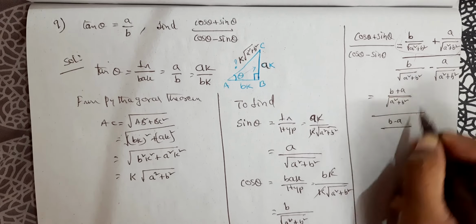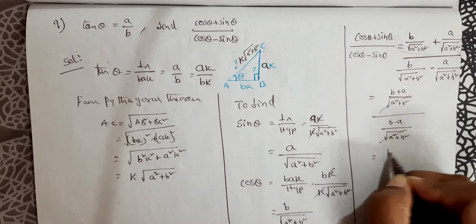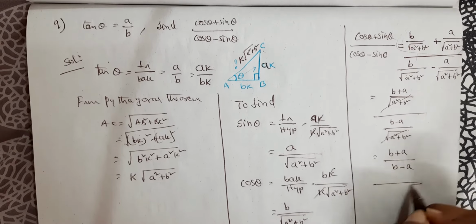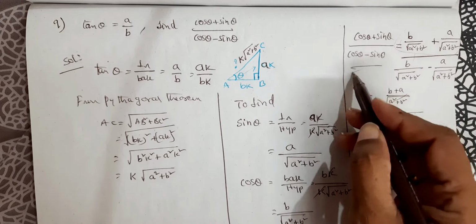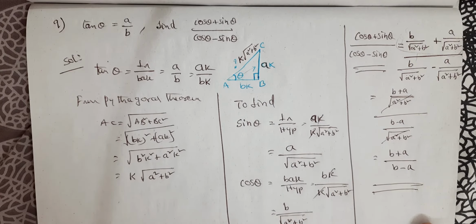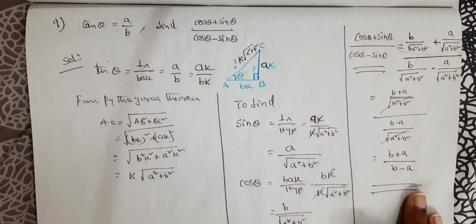Now in both these values the common denominator will get cancelled. So hence you are left with B plus A by B minus A. So what is the value of cos theta plus sin theta by cos theta minus sin theta? Upon substituting the sin and cos values and simplifying, we got it to be B plus A by B minus A.